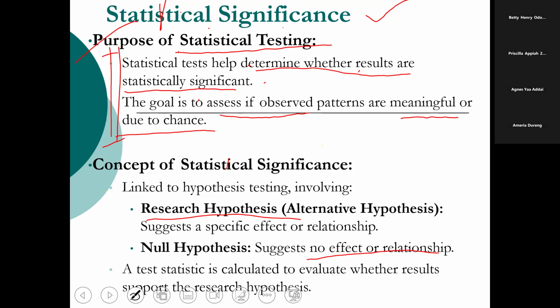Now, the question is we need to test. If people are taking too much fat and they are having cholesterol, it does not mean that that is the case, right? All that it means is that there might be no effect.